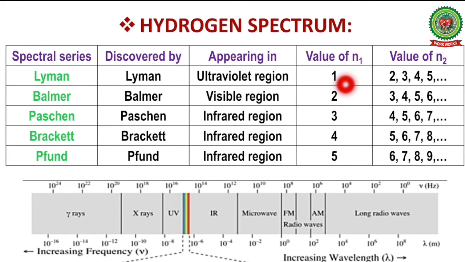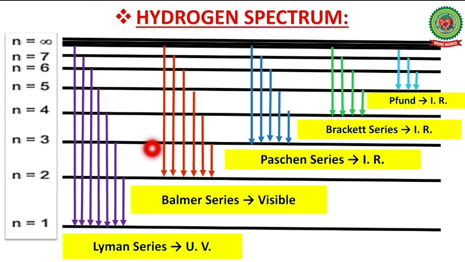The n1 value for Lyman is 1, because the excited electrons return to the first shell, so the value of n2 will be 2, 3, 4, 5 and so on. So the electron is coming from 2 to 1, 3 to 1, 4 to 1, 5 to 1 and so on.